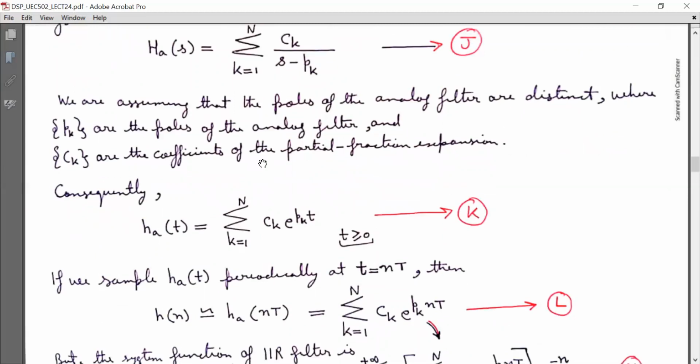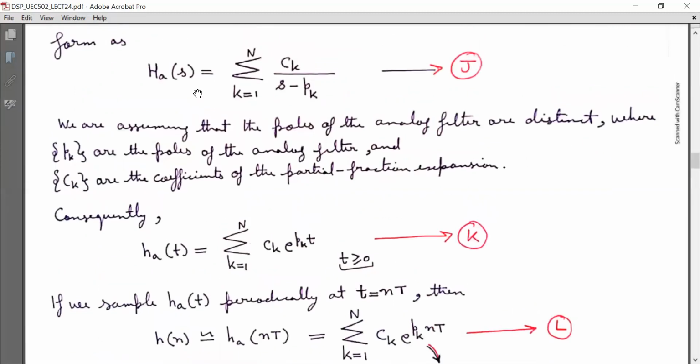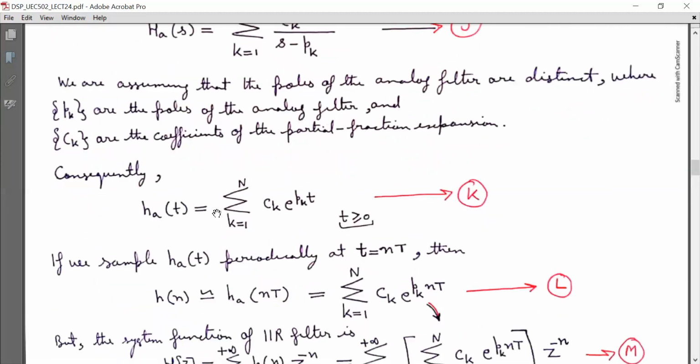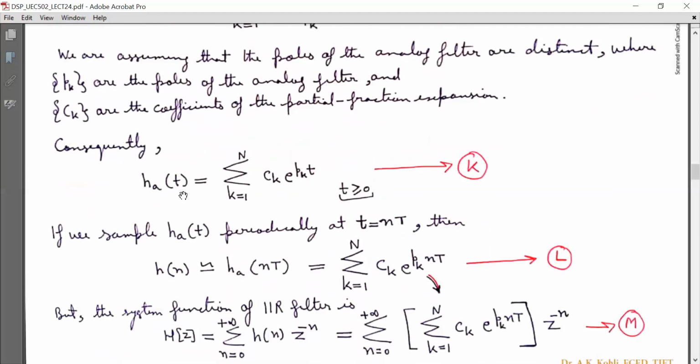In the second step, I took its inverse Laplace transform of J and got h_a(t), that is, the impulse response of the analog filter in the continuous time domain.